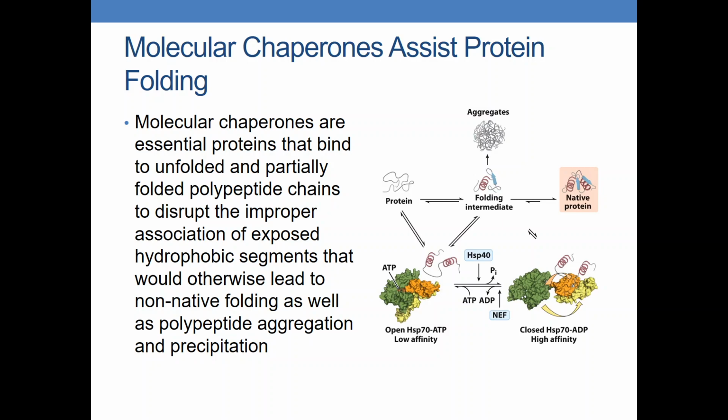Now, that description is true for the native fully folded protein. That description is not always true for protein folding intermediates, such as the one shown here. In those cases, you may have nonpolar functional groups that are still solvent accessible, but they won't be once those proteins find their way to the native conformation.